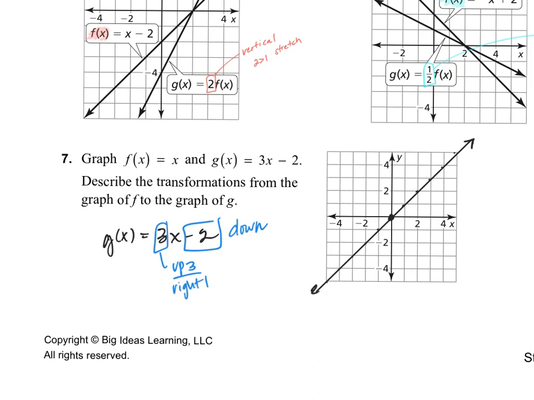So you're going to go from 0, negative 2, because that's what this means. 0, negative 2, that's where you're going to start. And you're going to go up 3 over 1. Up 3, right 1. To go the opposite way, I'm going to go down 3, left 1. Okay, so let's draw this line.